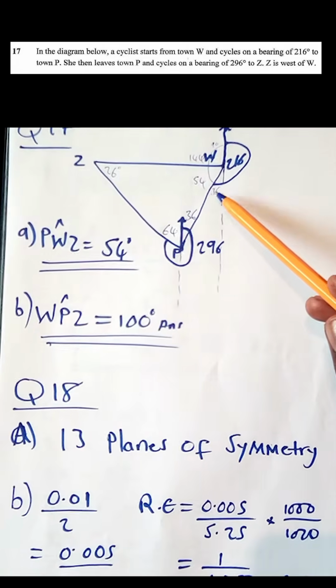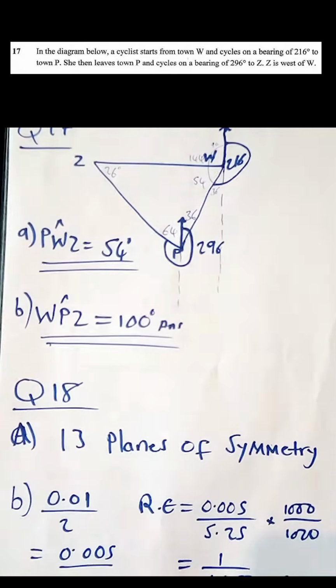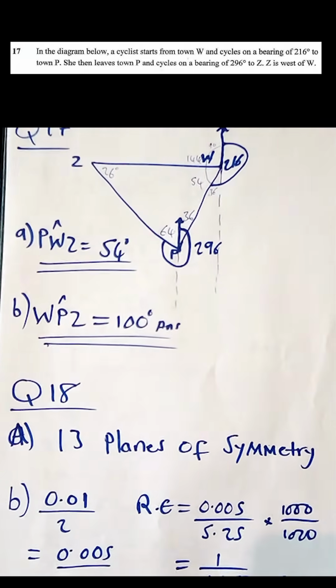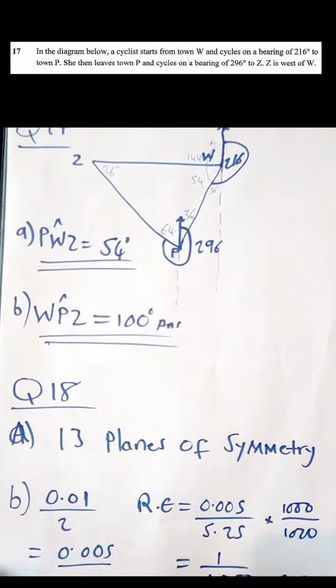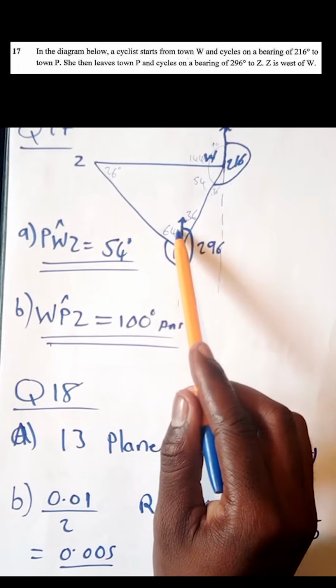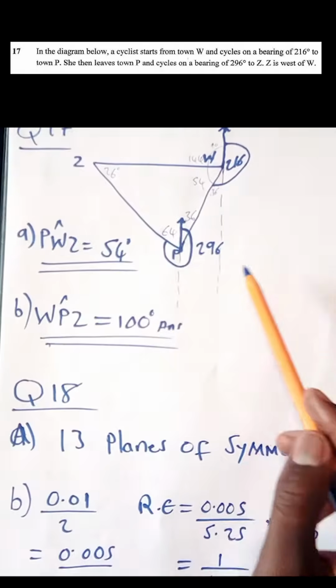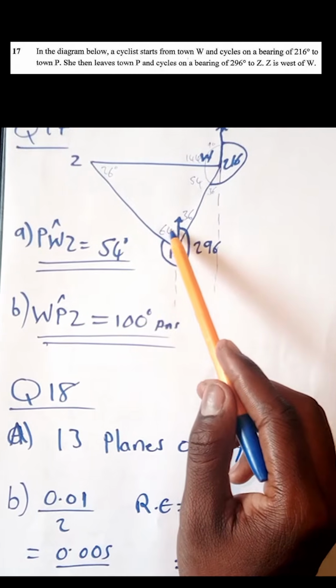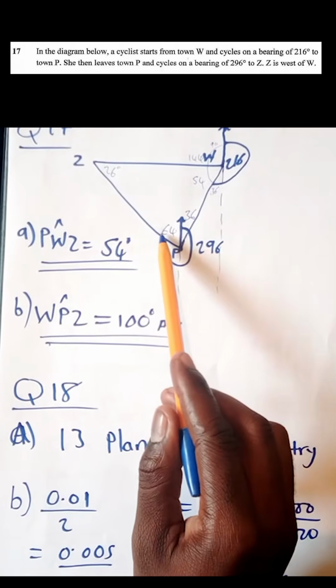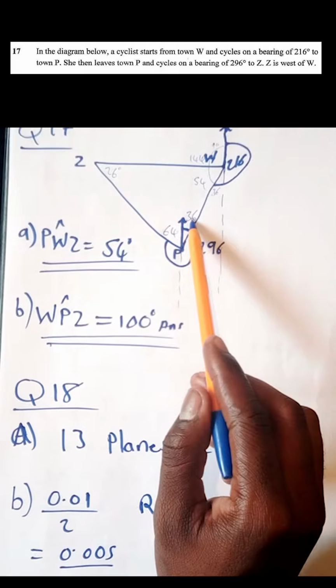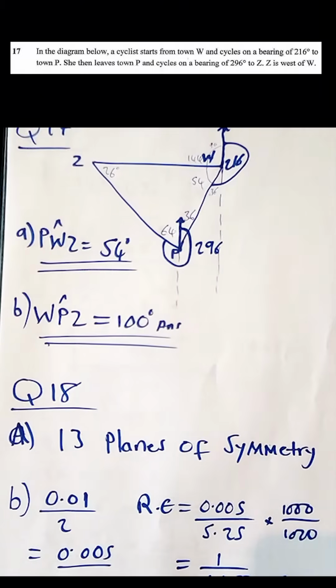If here there is 36, also there is 36. And this we know would have been a complete revolution, and this space is missing. So from 360, when we subtract 296, we get 64, which is here. And that gives us the angle which is here to be 64 plus 36, and that is 100.